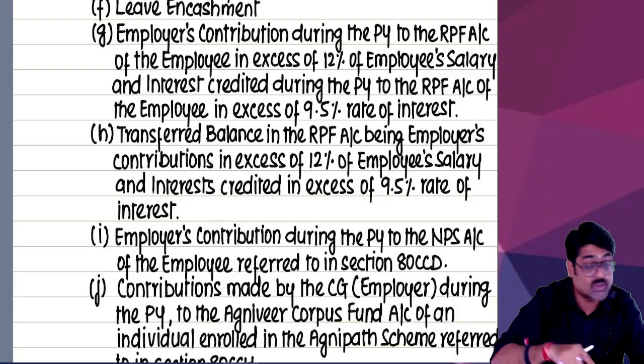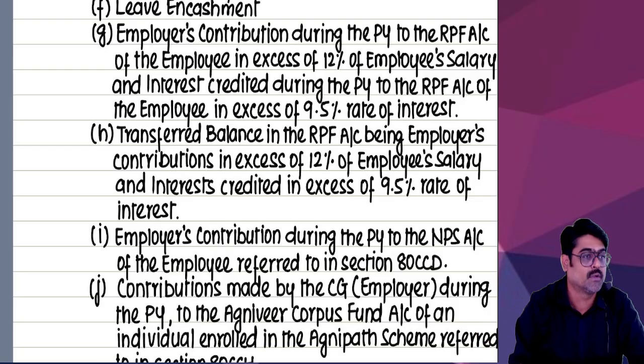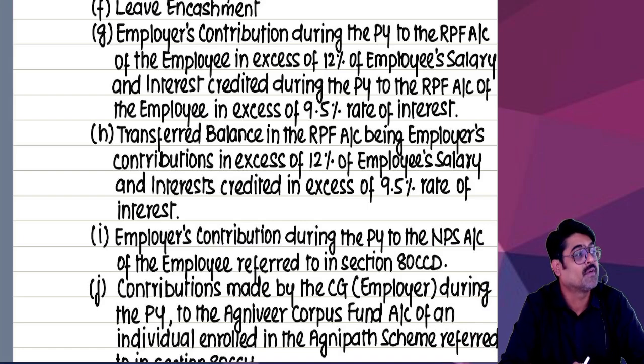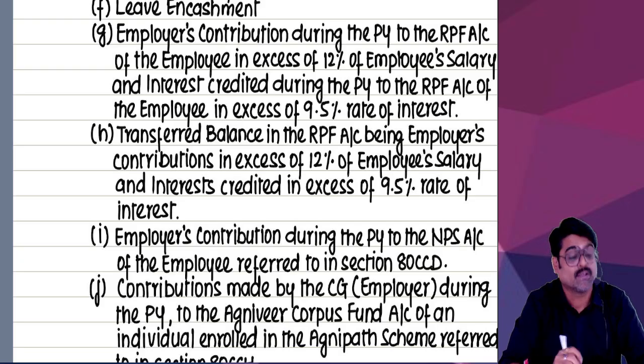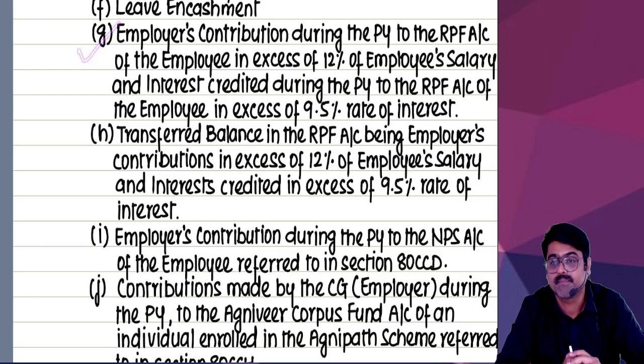Today I have discussed all these 4 points. Employer's contribution to your RPF in excess of the limit is your salary. Any interest credited to your RPF account over and above 9.5%, that excess interest is also your salary, read point number G.